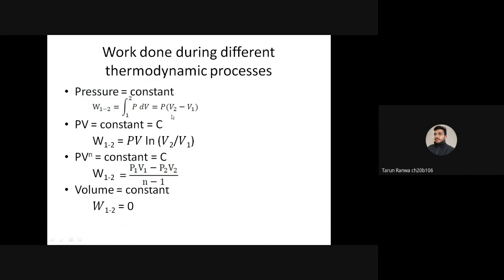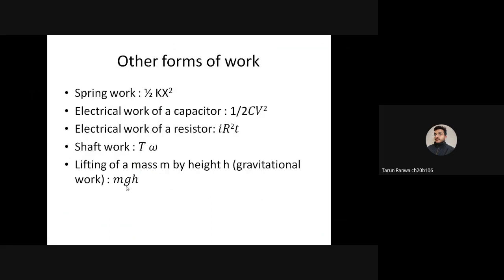If pressure is constant, then we can write P times (V2 minus V1). Second, PV equals constant, where we can write pressure like this. Third, PV^n equals constant, where we can write the work done like this. Last, volume constant. When volume is constant, the work done will be zero.